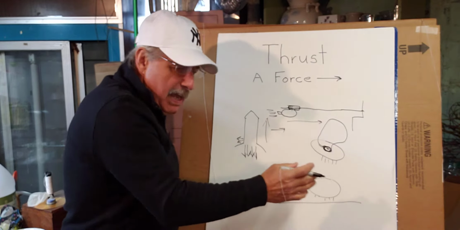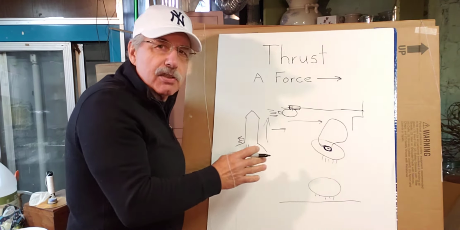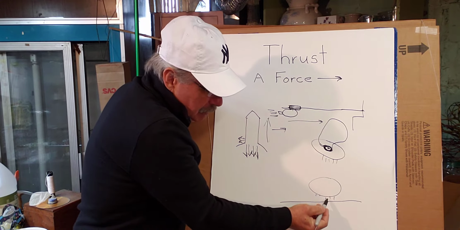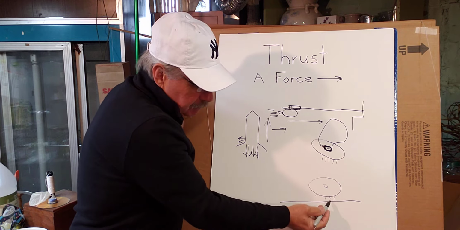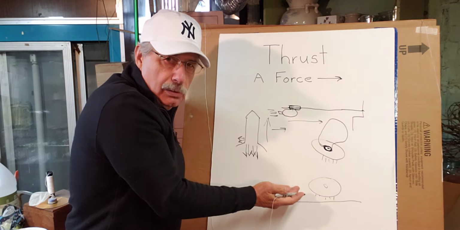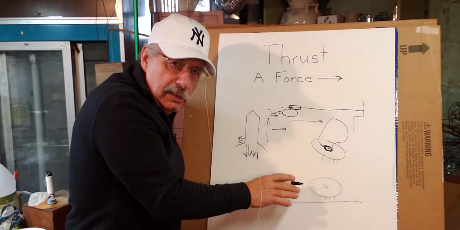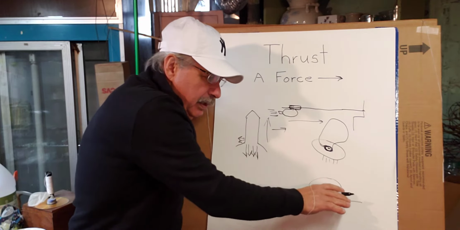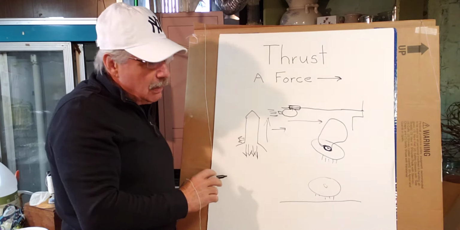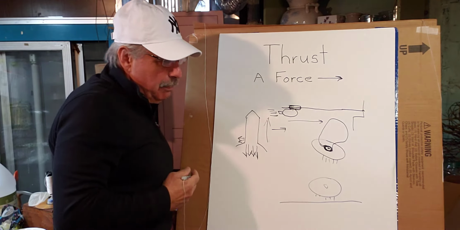And you can push it back and forth, give it a little thrust, as we were talking about. The thrust coming out of the bottom of the CD will keep it elevated above the table a little bit, just high enough so that it can float and hover over the table. So this is another example of thrust.